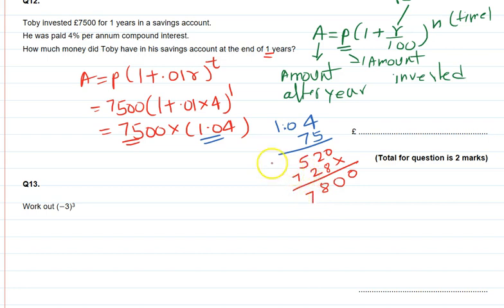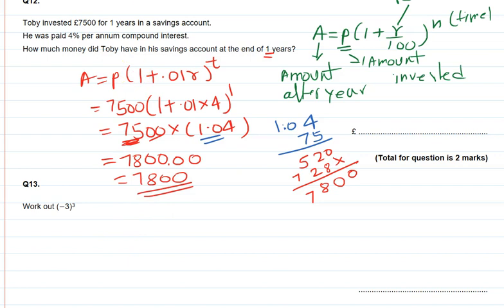Okay, so I have multiplied 75 and 1.04, 7800, and there are other 2 zeros, so let's put 2 zeros, and the point was after 2 places, so you can put the point here. So it will be 7,800. Yeah, so that should be your answer here.